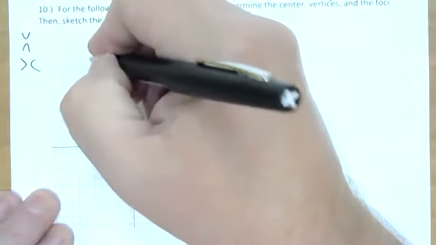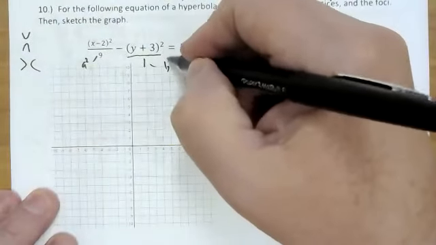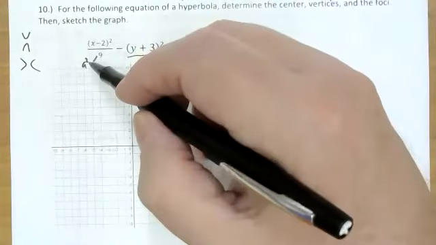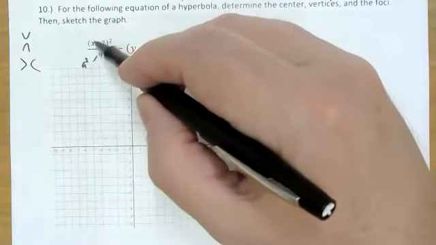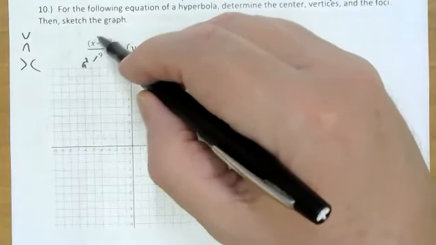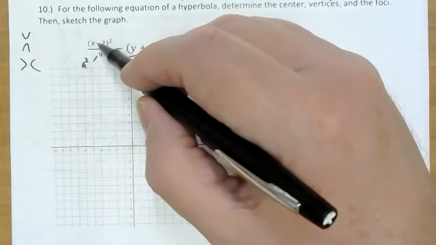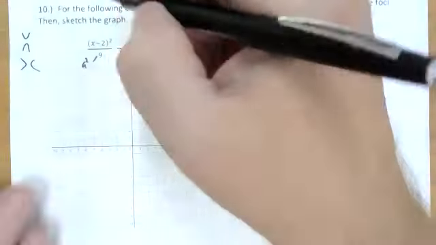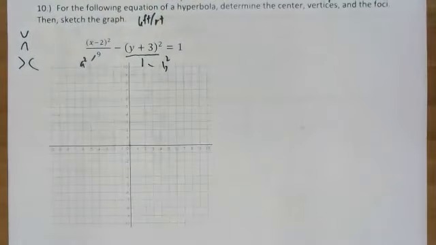This is going to be a squared, and this is going to be b squared. Now, since the x is the positive term above the a squared, that means this is going to be a left or right hyperbola. I just think of the x-axis as the horizontal axis. So this is going to be a left-right hyperbola.